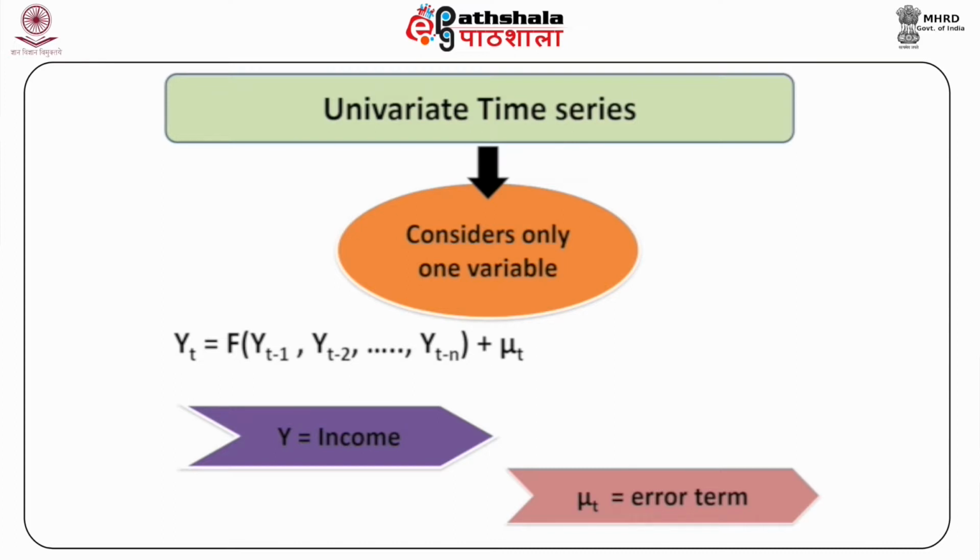A univariate time series can be mathematically expressed as yt = f(yt-1, yt-2, ..., yt-n) + μt, where y is equal to income and μt is the error term. The equation analyzes the determinants of income considering the past income and some shocks denoted by μt.